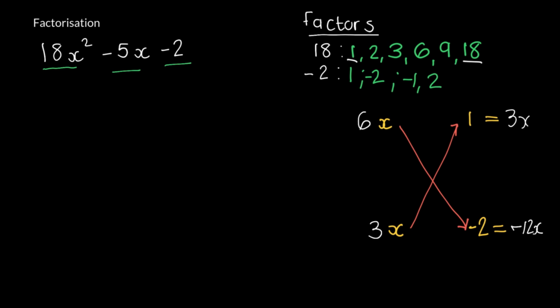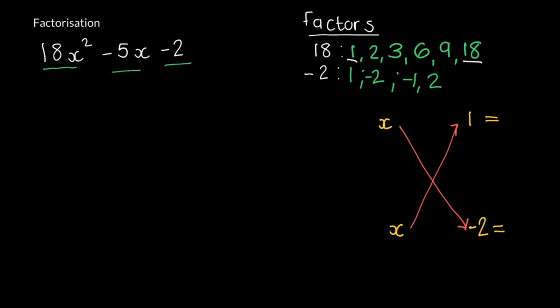Then we add the two of them, and that's still not going to give me the answer I'm looking for, because 3x minus 12x gives me -9x. So that's also not the answer. I would like you to pause the video, go through all of the options and see which one you think is going to get us to the answer we're looking for. You can try the other factors of 18.